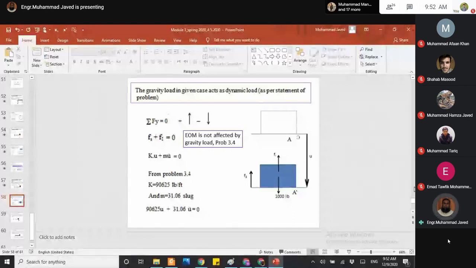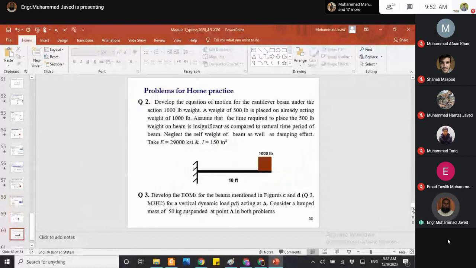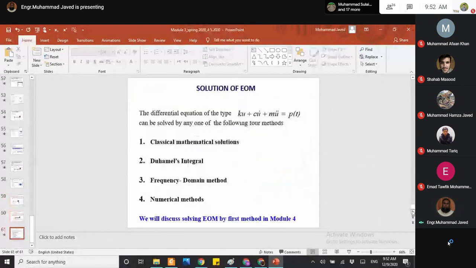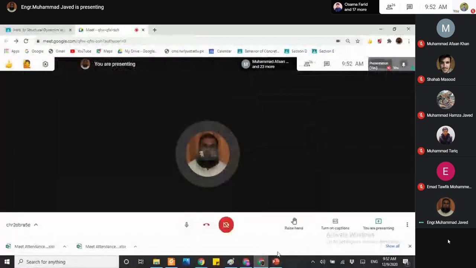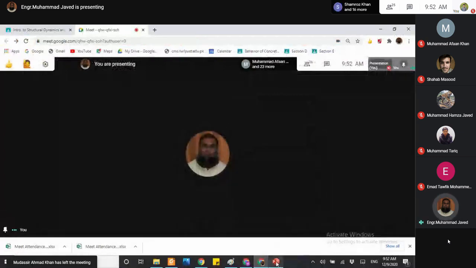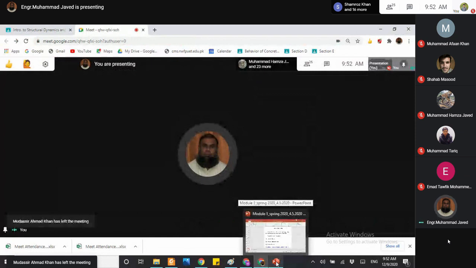अच्छा, तो किसी का कोई क्वेश्चन नहीं है तो ये आपके होम प्रैक्टिस के लिए ये कुछ एग्जांपल्स हैं, ये आप कर लें. अच्छा, now the second part of equation of motion is, once we develop the equation of motion, the second part is to solve the equation of motion.